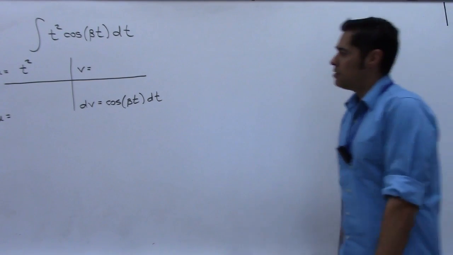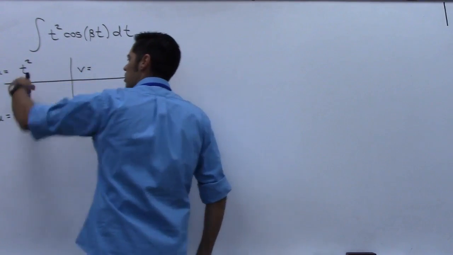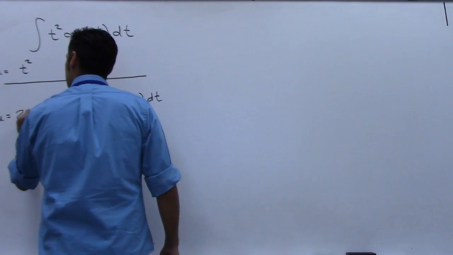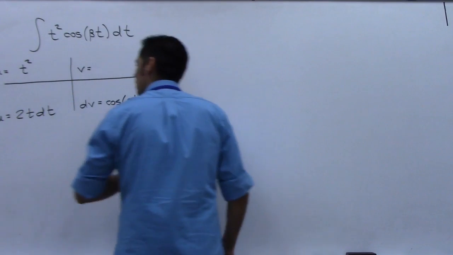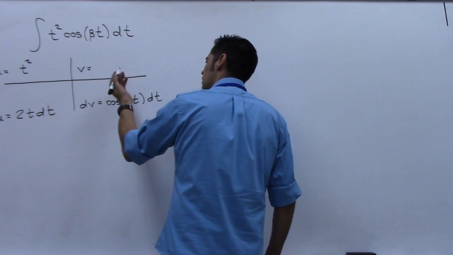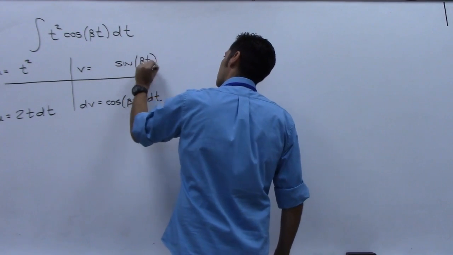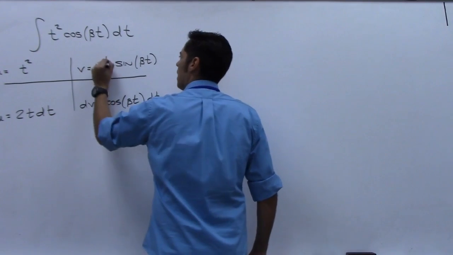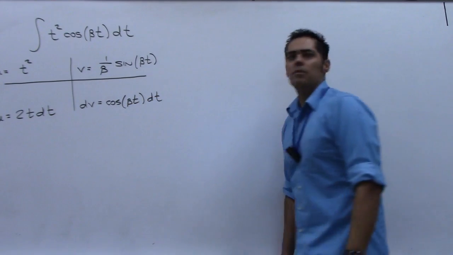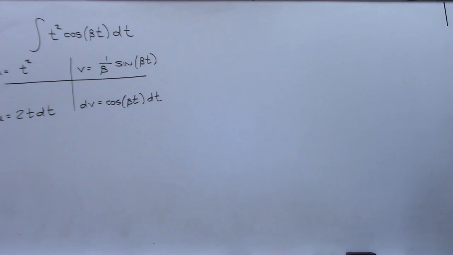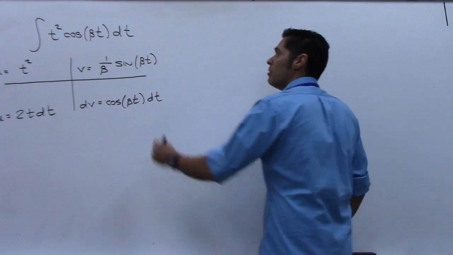All right, so let's do this. Differentiation down to 2t dt. And up here, sine beta t, 1 over beta out front. Don't forget that beta in front of the t is like an a, so I've got to scale by it. And now I can go to the formula.